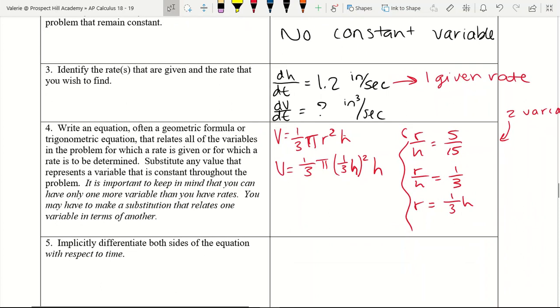Okay, so simplifying, I get 1/3 pi times 1/9 h squared times h. So V, when I multiply everything out, is equal to 1/27 pi h cubed.